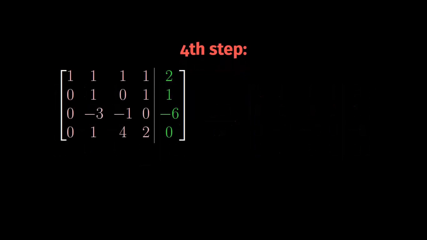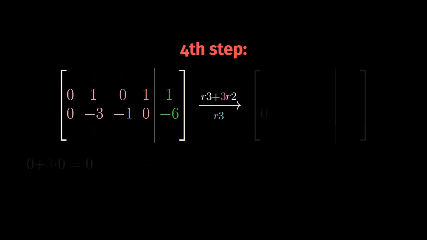Here we have the last matrix. We want to modify the number minus 3. We want it to become 0. This is why we are going to do the following transformation: R3 plus 3 times R2, and we will write the result in row 3. So let's go.